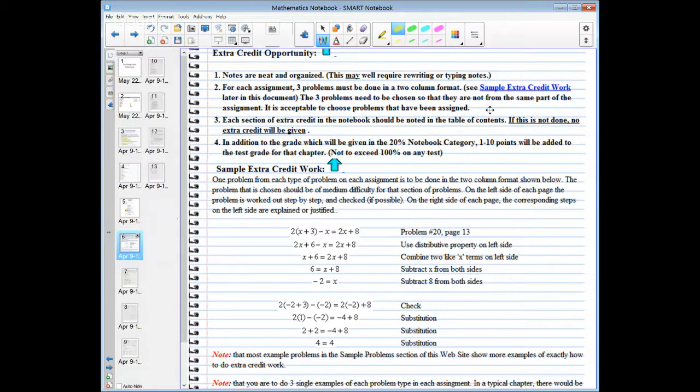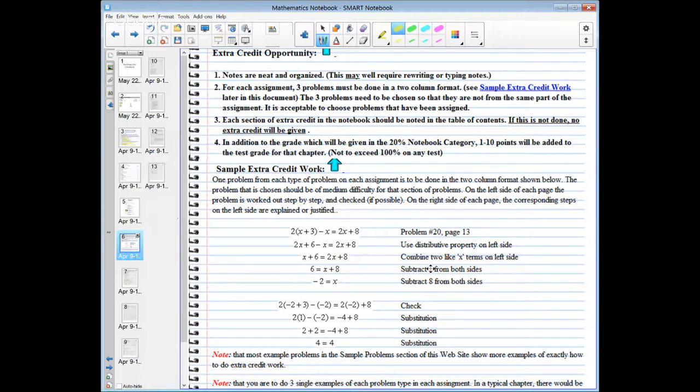You don't have to pick different ones. Problems from 1 to 25, you might choose, I don't know, number 3, number 13, and number 23. It's your choice. What I do ask is that you pick them from 3 different parts of the assignment.